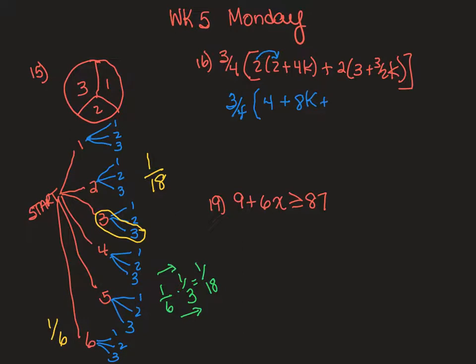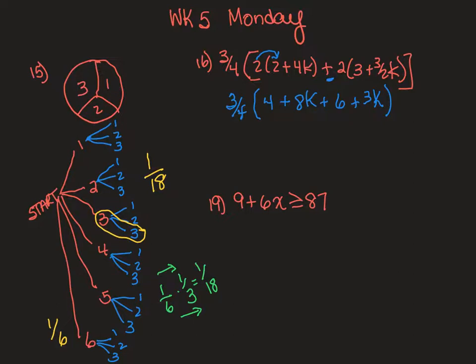And 2 times 3 is 6. Okay, and I'm making sure I'm keeping that 2 positive. And 2 times 3 half k is 3k, which is awesome because I have now gotten rid of that pesky fraction there. So that makes that much easier.